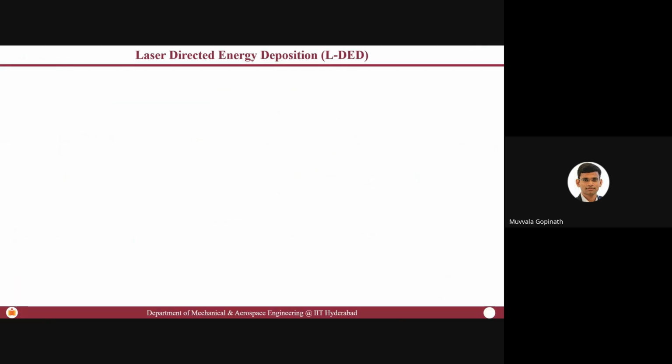Of course, additive manufacturing is very wide. Within it, you have a lot of processes. The first one we call the powder bed fusion process, which is very popular. Most of you might have heard of it. The other one is DED, the directed energy deposition process. Then you have extrusion based additive manufacturing, which we typically call FDM, typical 3D printers.